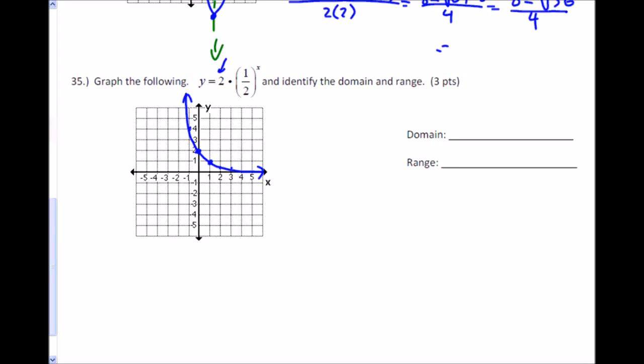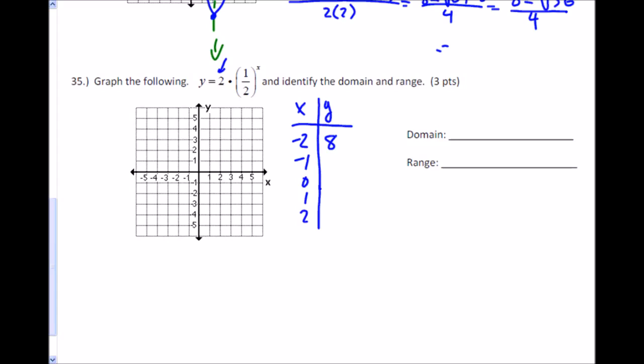Okay, but again, let's confirm that with an XY chart. I would start with your typical values for X and Y: -2, -1, 0, 1, and 2. It might take more guessing than that, but that's what it is. So if I plug the -2 in, 1/2 raised to the -2nd power, I flip it and then square it, so that's a 4, times 2, which is 8.